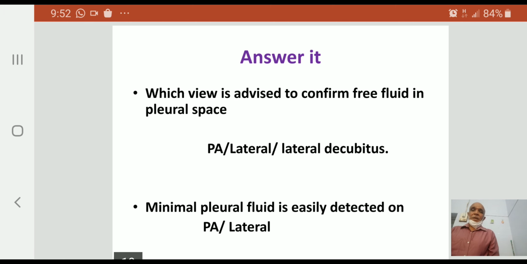When the CP angle is obliterated, we can suspect the patient has effusion or thickened pleura.